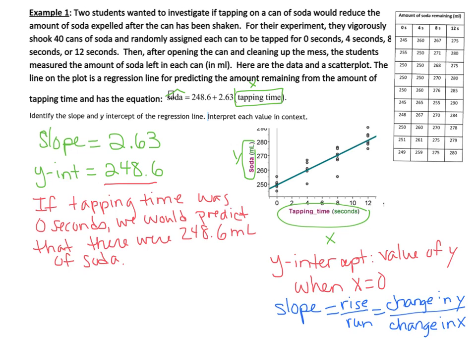So my slope here is 2.63 over 1. It's always going to be over 1, unless you already have it as a fraction. So the 2.63 is going to be my change in y, which is soda, and the 1 is the change in the tapping time.